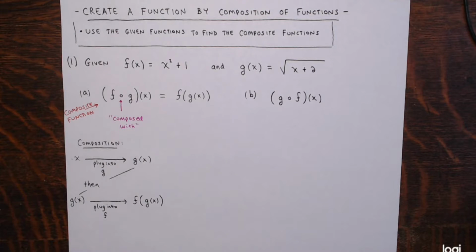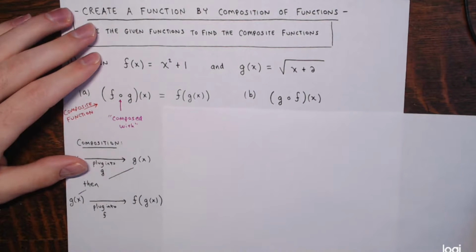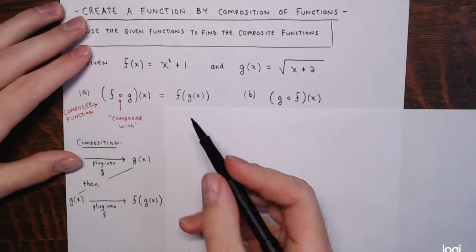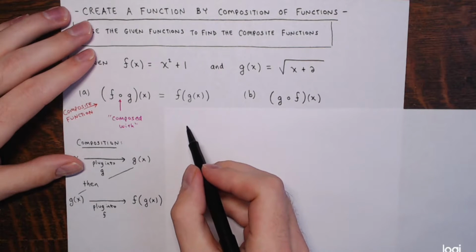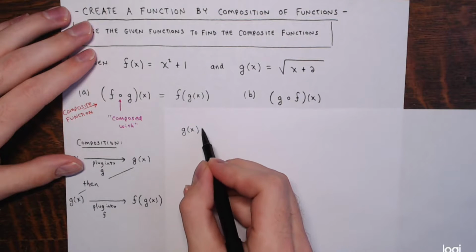Alright, so let's see how this works here. Alright, well, for this particular example. So I'm going to do this so I actually have room for part B. So yeah, so you take x and put it into g. Right, g of x is the square root of x plus 2.